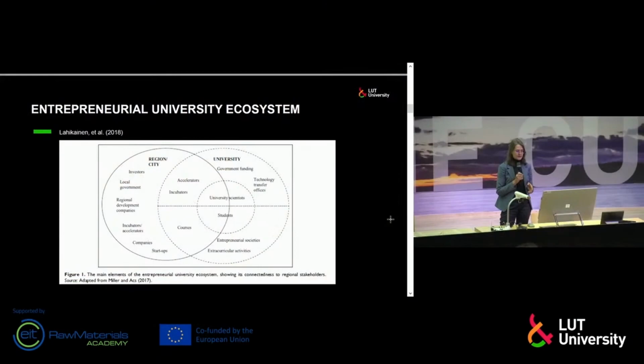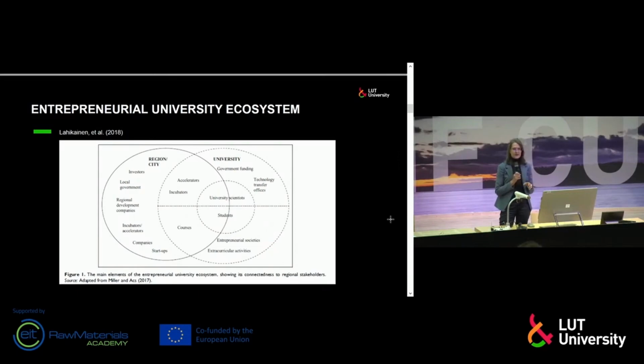And here inside the dotted line that describes this university-based entrepreneurship ecosystem, you can see that in the very core, there are university scientists, the researchers and students. Without the researchers and without the students, there wouldn't be this ecosystem.